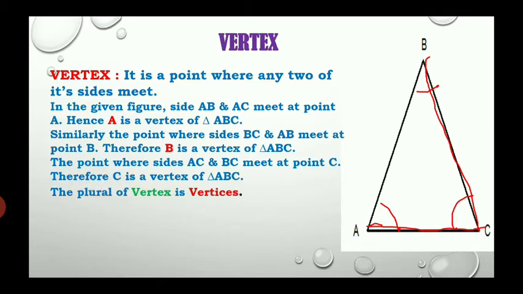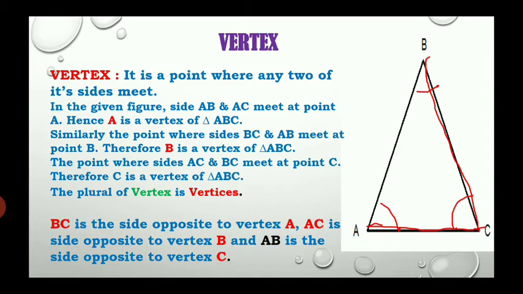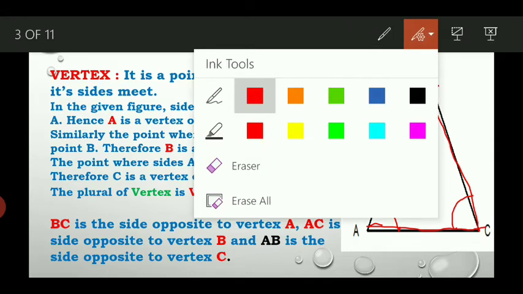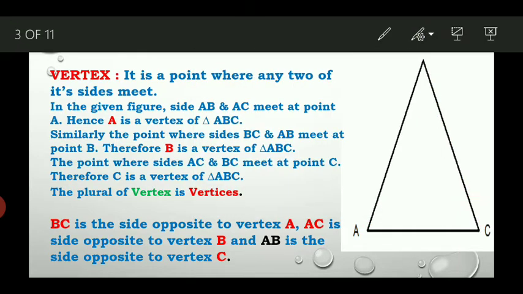What is the plural of vertex? It is called vertices. So angles A, B and C are the vertices. Now BC is the side opposite to vertex A. Now you see BC is opposite to this angle A. Which is the opposite side?